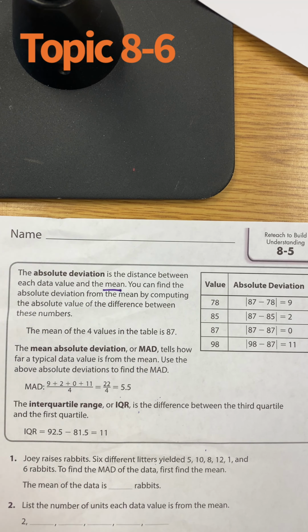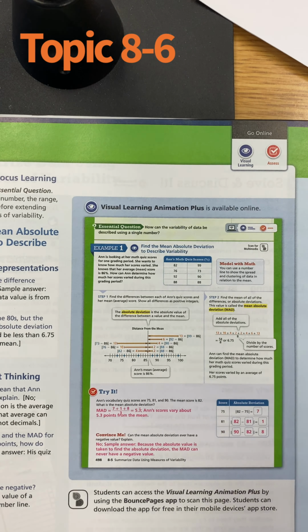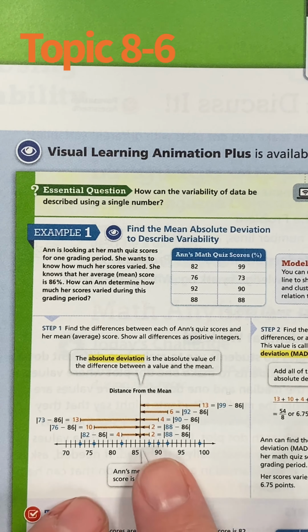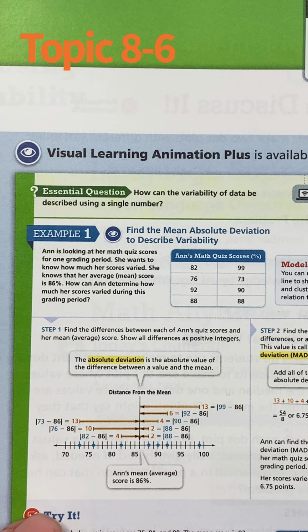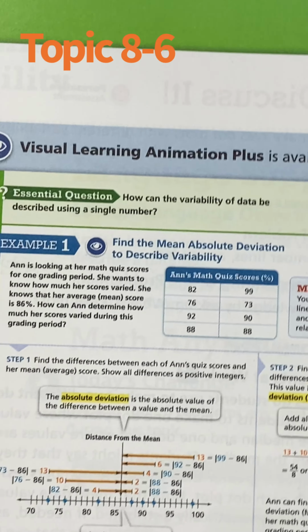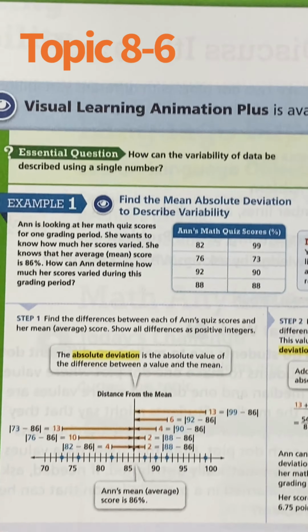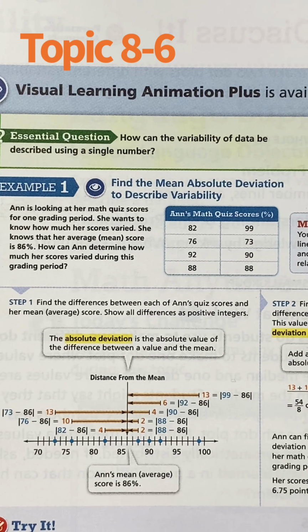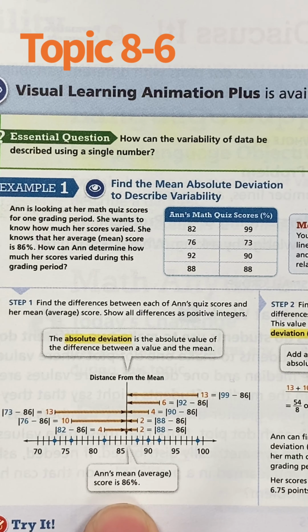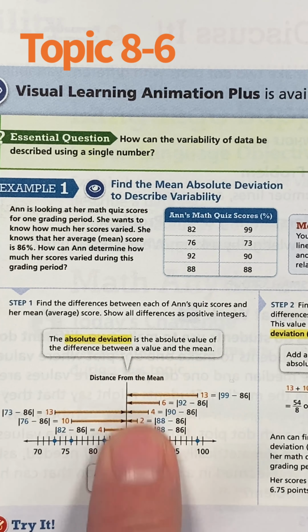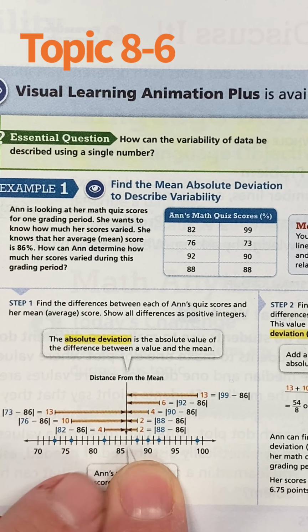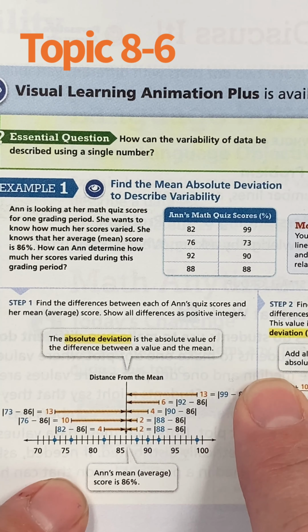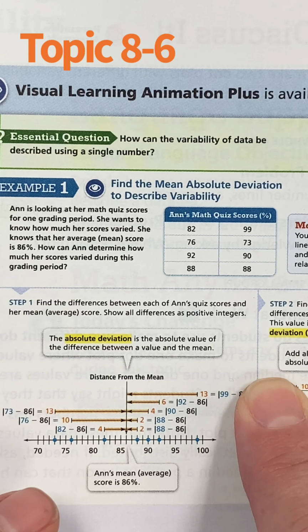So I'm going to zoom in on my teacher's guide here. If you look at page 498 in your book, the mean for Anne's test scores is 86, and all these other numbers are her other test scores.